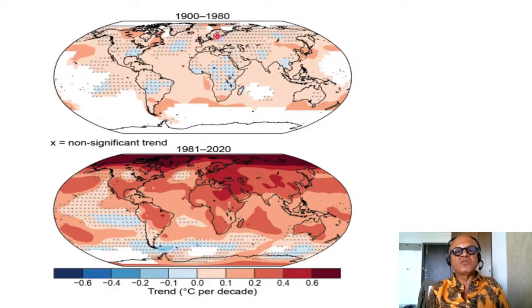So there are regions where there are statistically significant trends, and the main message here is that after 1980, if you look at 1981 to 2020, the warming is remarkably accelerated, especially with the polar amplification, and it is statistically significant. And this is from models and observations.